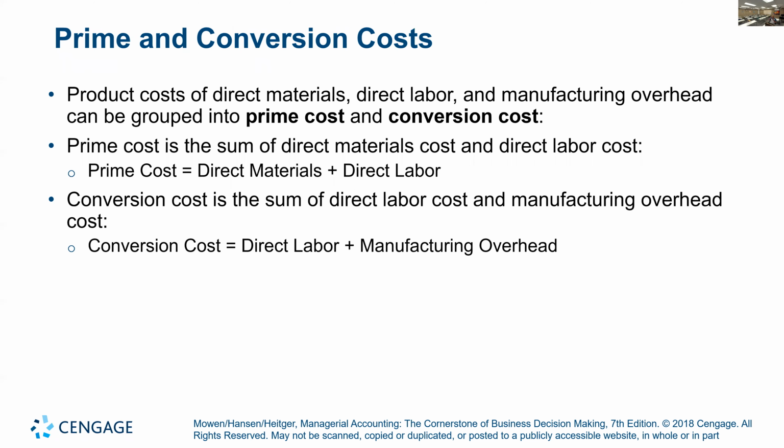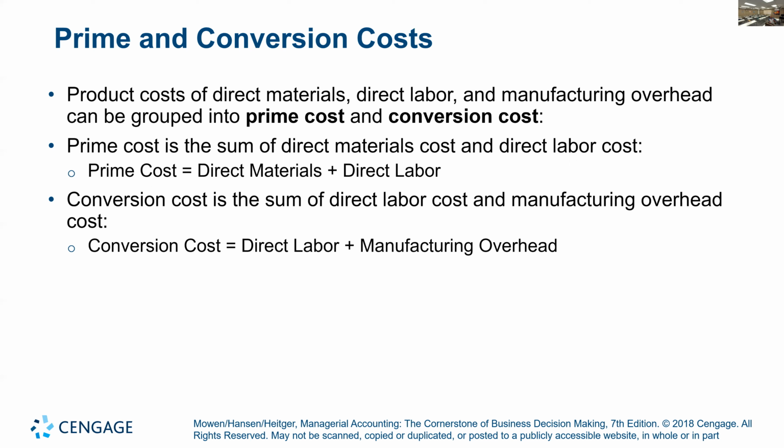Some other little things that are mixed in that I might ask you about in the homework question, and it's good to know, prime cost. If you hear somebody talk about prime cost, it is probably the most important things of making the product. It is the direct materials and the direct labor, those direct costs. Those are considered your prime costs. And then conversion cost, I like to remember it this way.